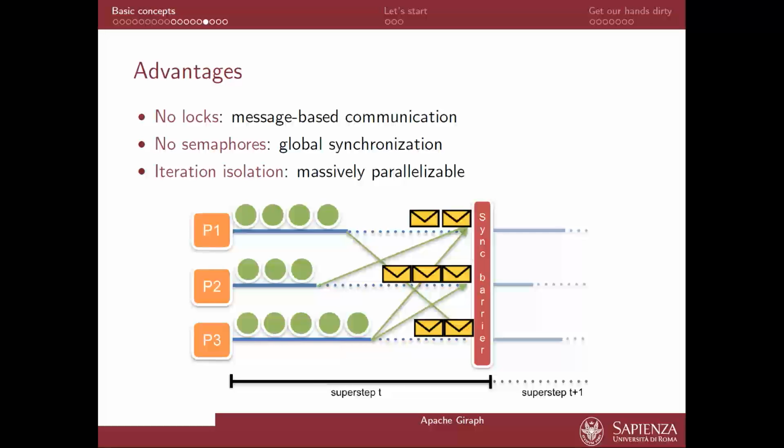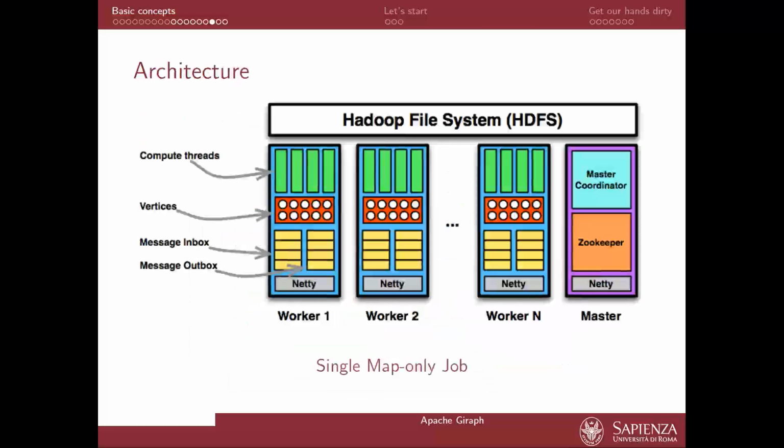The architecture of Giraph is based on the Hadoop distributed file system, and it's a master-slave architecture. We have in the architecture a master that knows the network topology, and it can run some modules like the coordinator, the ZooKeeper, and Netty. The coordinator just rules the network.